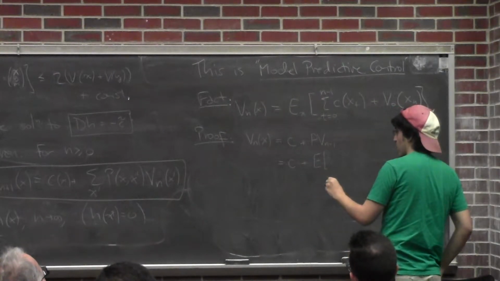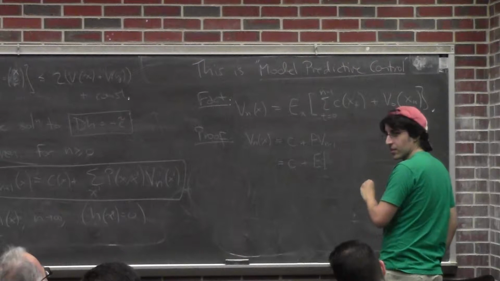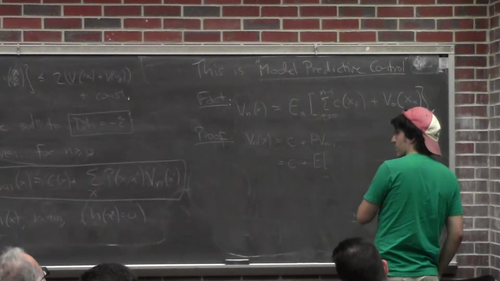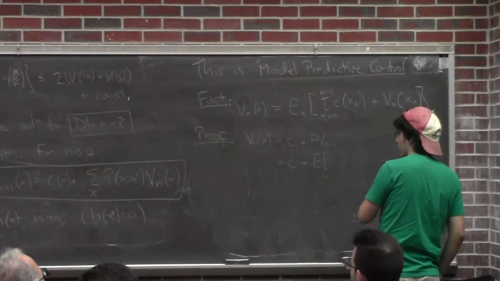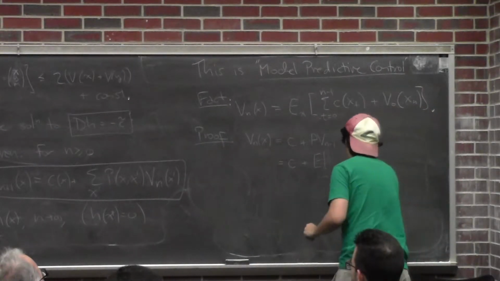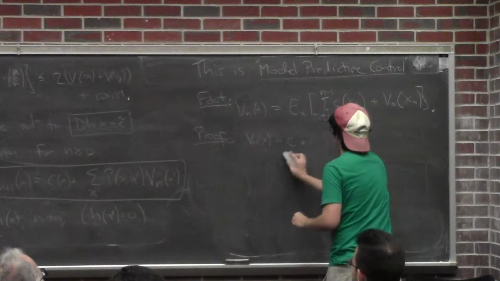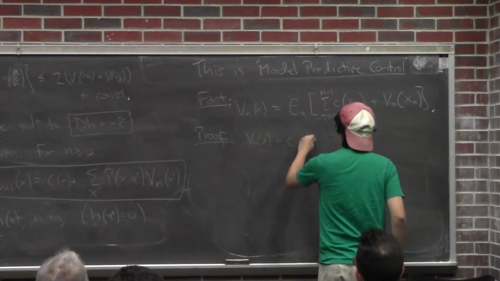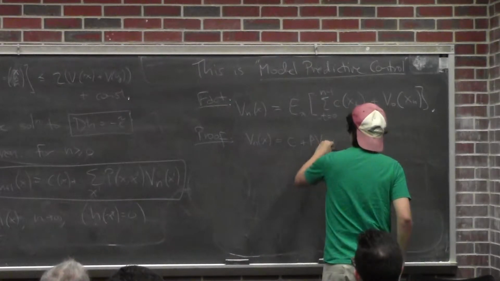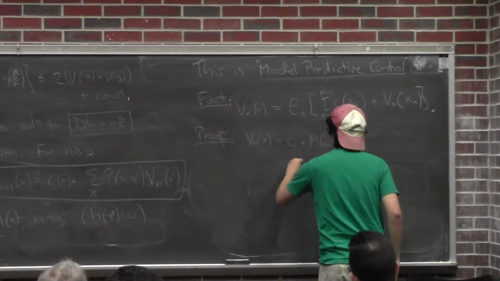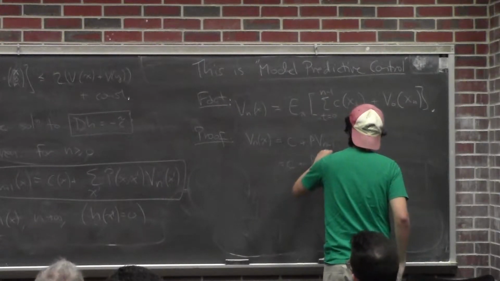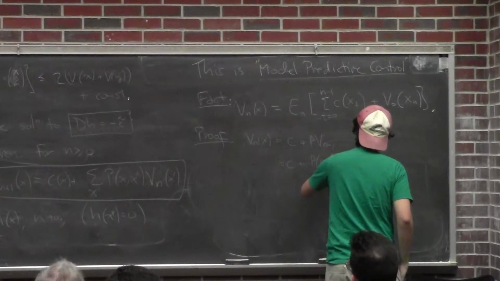I think it might be easier than you think. Oh, it's like a one-liner almost. What's Vn minus 1? Right. Okay. Yeah, that was my plan to start with, and then I got all that. Yeah. Vn minus 1, and then that's equal to C plus P V n minus 2.